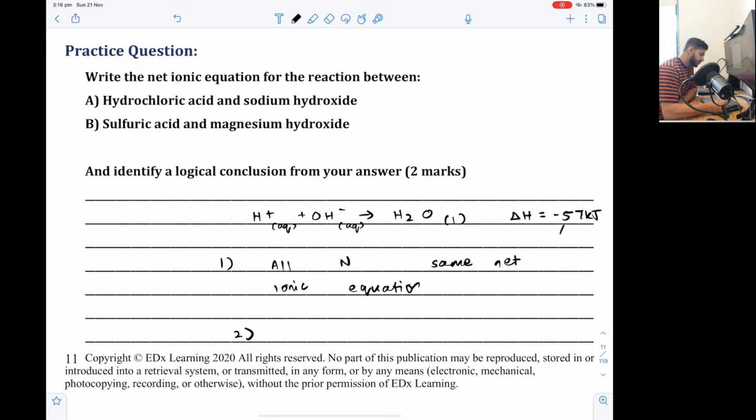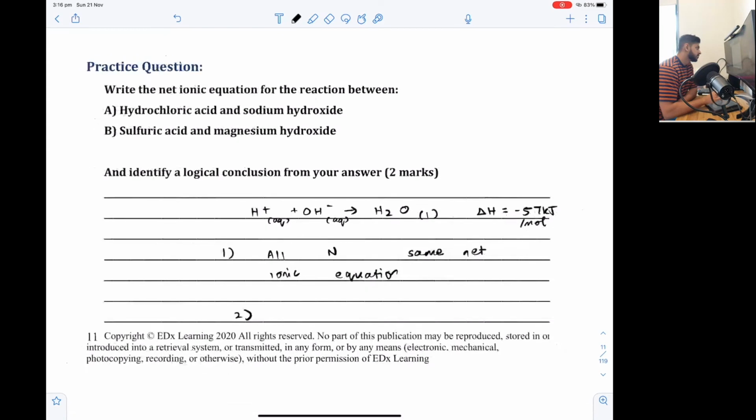In fact, it's one of the most exothermic reactions in chemistry. So it releases 57 kilojoules of energy per mole of water that's formed. Okay? So the enthalpy is extremely high for an acid-base reaction. And we'll come back to this. It's an important characteristic of neutralization itself. Good. Happy to move on?